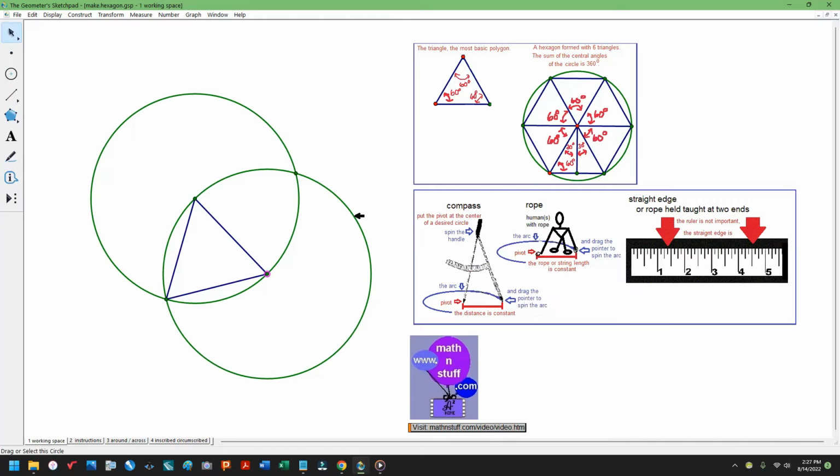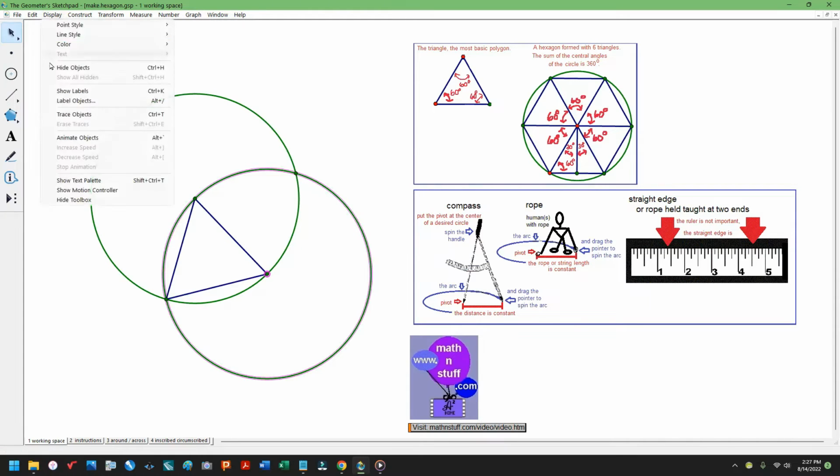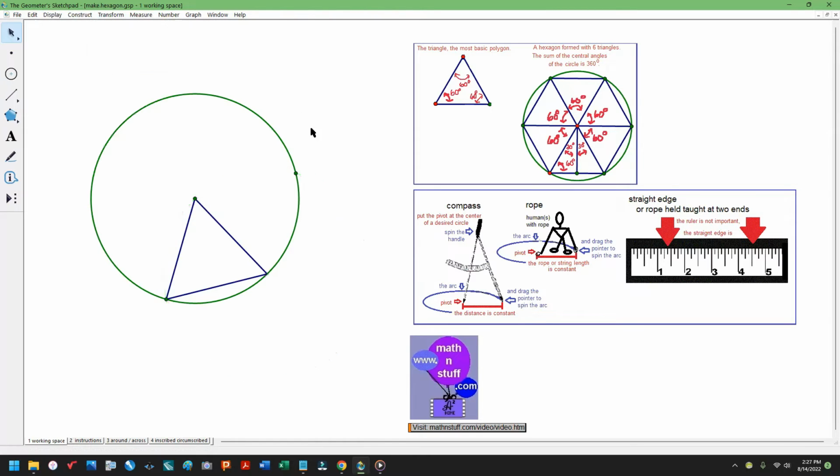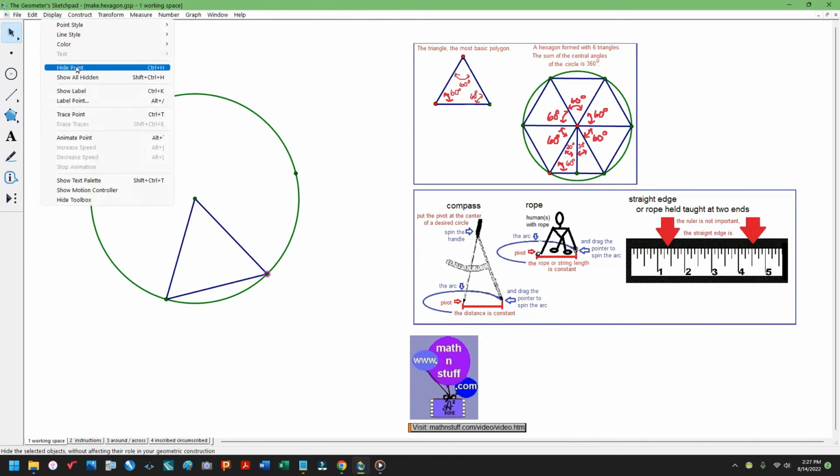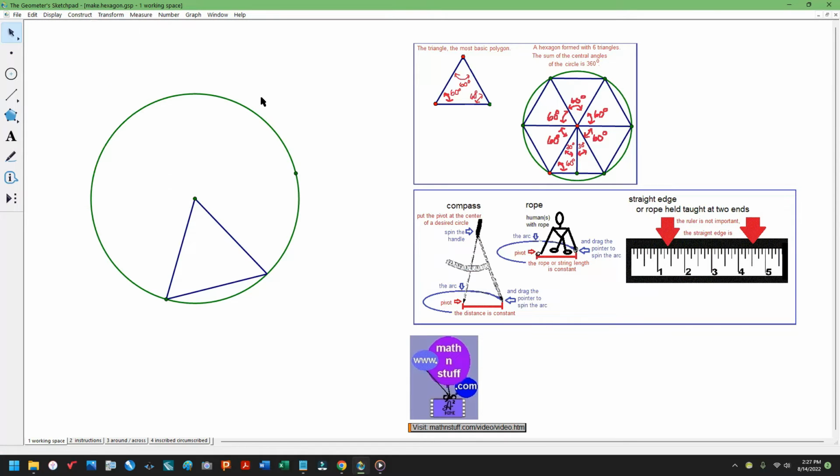So I'm going to hide this circle. Okay, I now want to mark a point. It's already there.